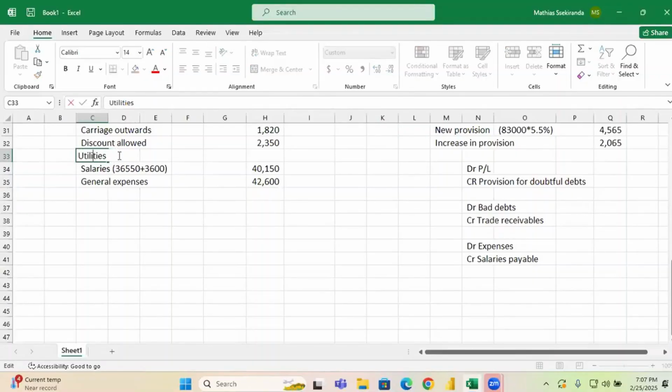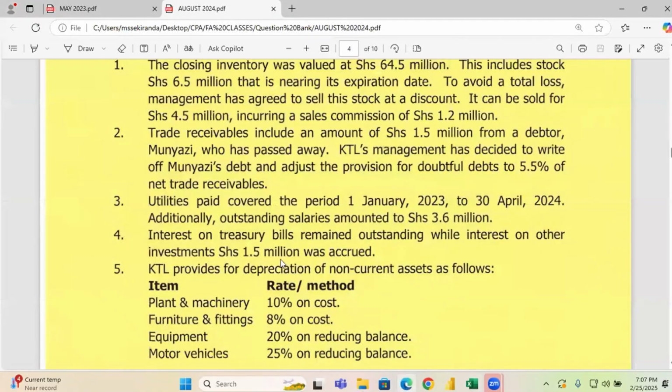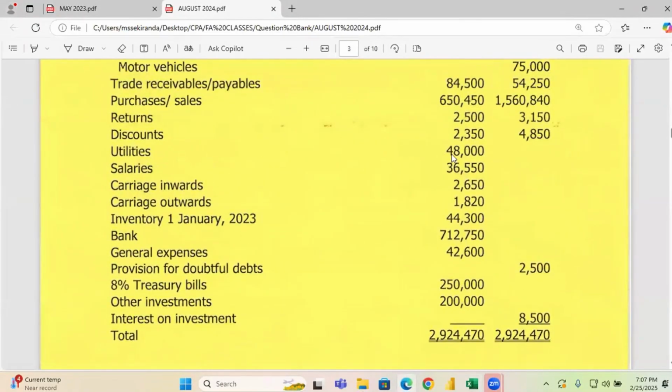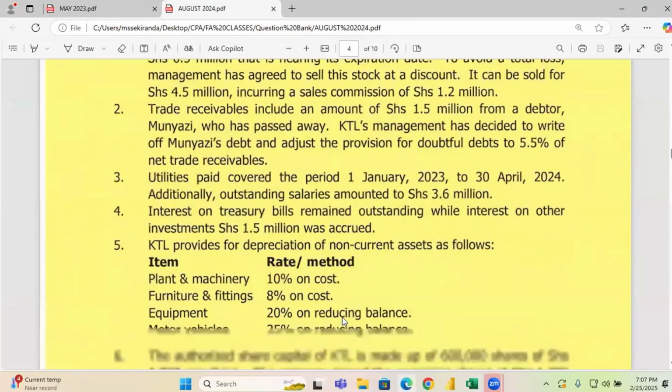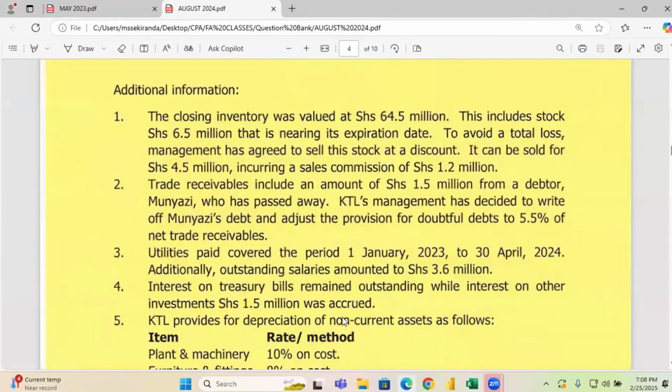Then utilities. For the utilities, they have told us the figure given was 48,000. Let us see whether we are adding or lessing. Utilities paid covered the period of 1st January 2023 to 30th April 2024. What do they mean, guys? When you read that note, what do you understand from it?